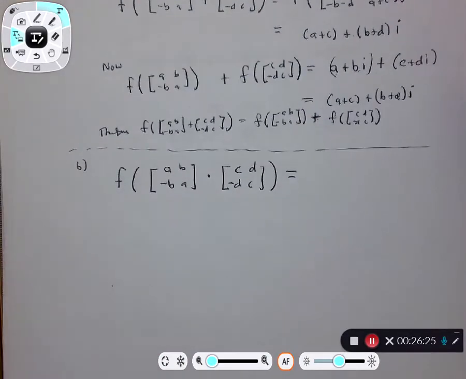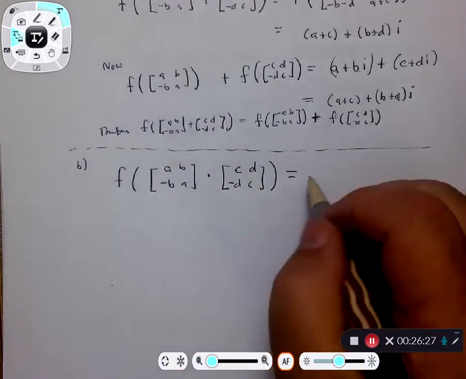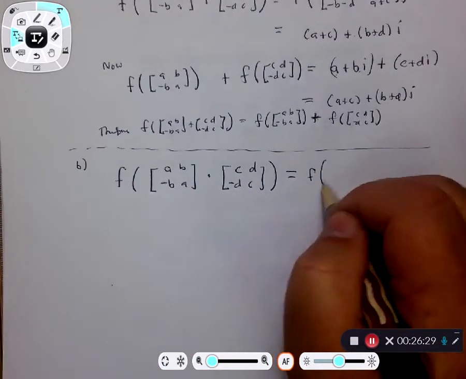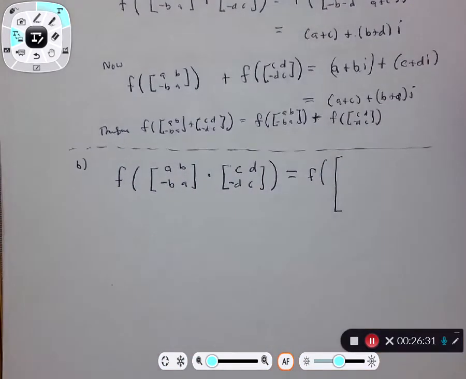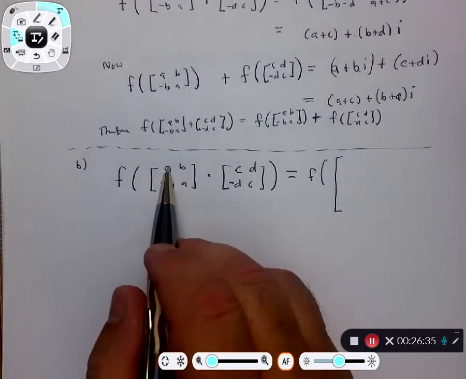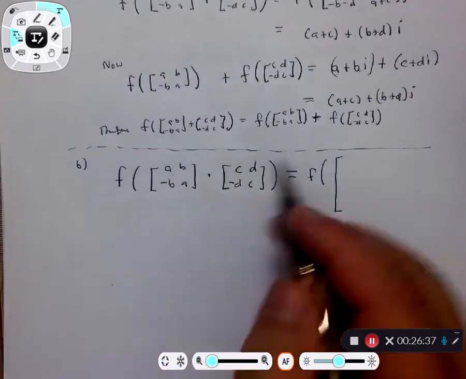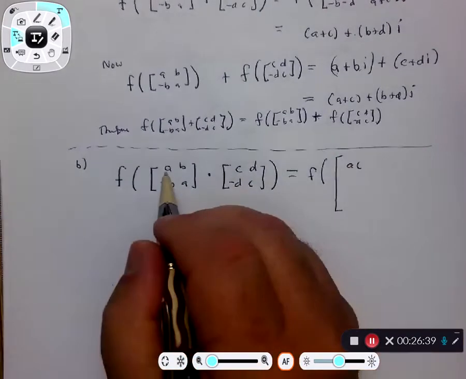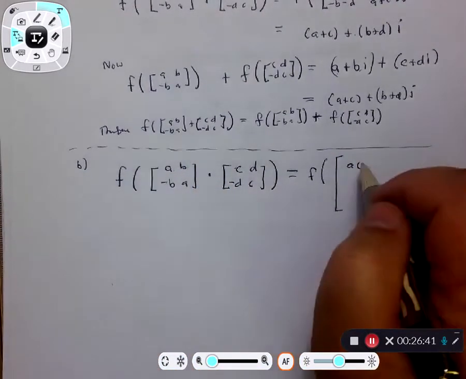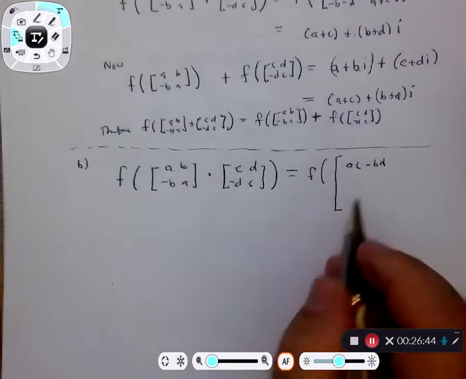So first thing you want to do is multiply your matrices. So how do you multiply matrices? Row by columns, of course. So it'll be first row, first column here: A times C and minus B times D. That'll be the first element.